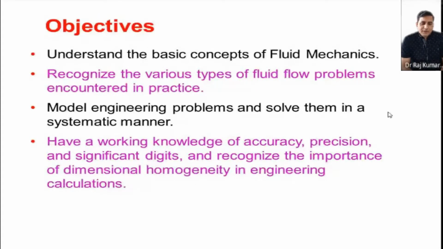The third one is, once you have identified the previous problems, you have to model them based on the physical understanding, or physics, of the problem, and then you have to solve them in a systematic manner. Systematic means just like you might have solved simultaneous equations in your mathematics, right? Some would be two variables, some three variables.